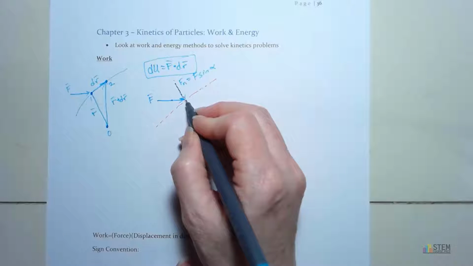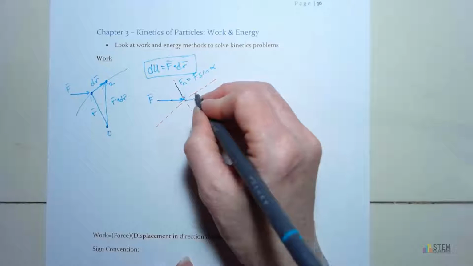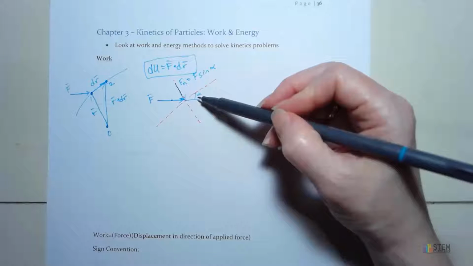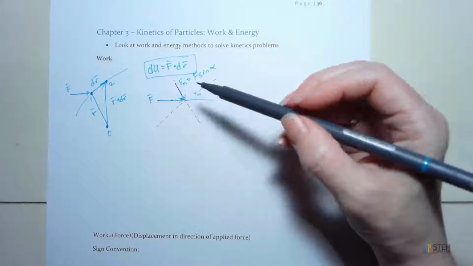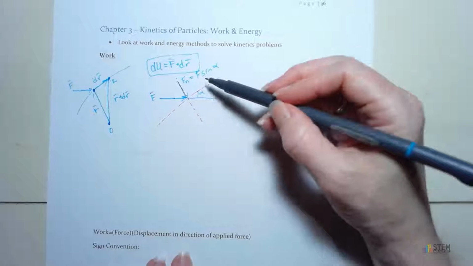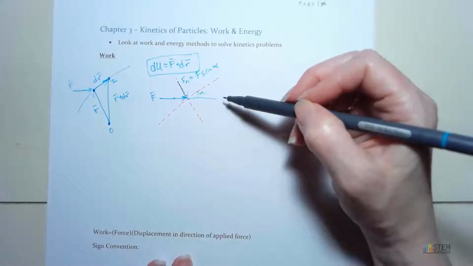All right, so let's draw this. There's alpha. All right, so if that is alpha, you could work your way around, and this right here would be alpha. Okay, so you get F sine alpha.